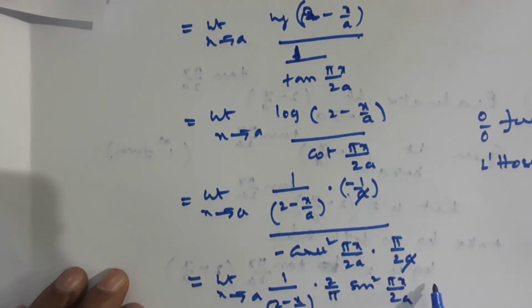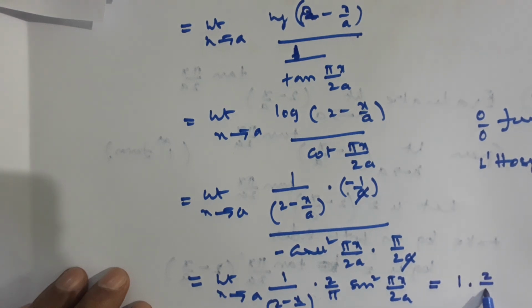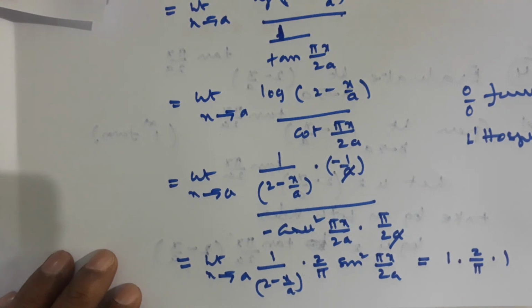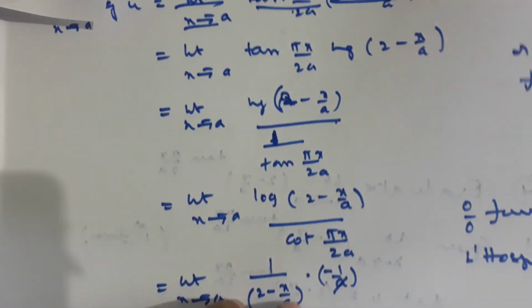So this is equal to, apply the a value, it is 1 into 2 by pi. Again x is equal to a means a cancels, sine square pi by 2 is 1.